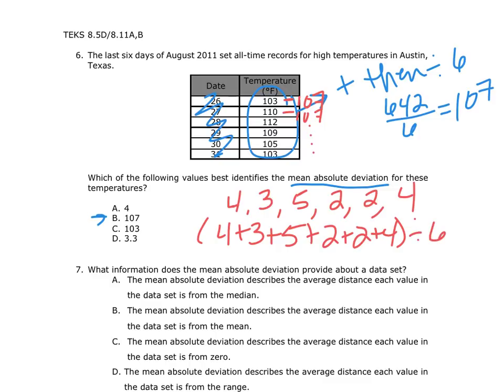When I do that, I get 20 divided by 6, which gives me 3.3, and that repeats. So my correct answer is D, 3.3, which actually tells you statistically that your numbers are pretty close to your mean. There's not a lot of variability.